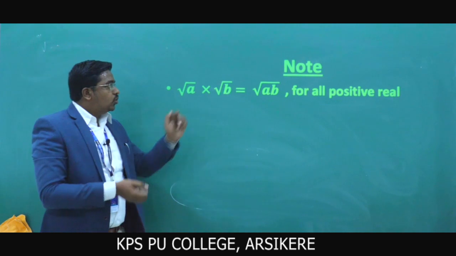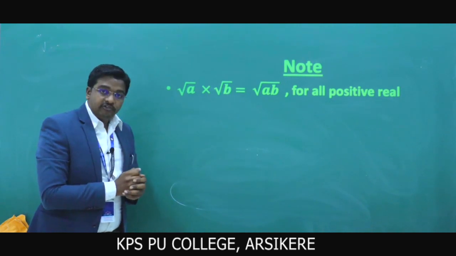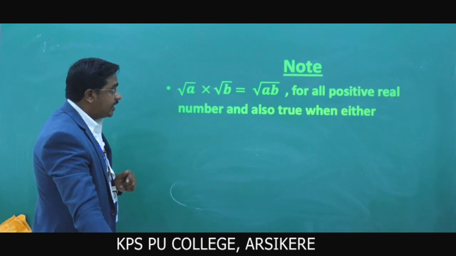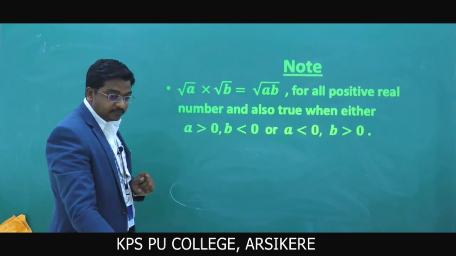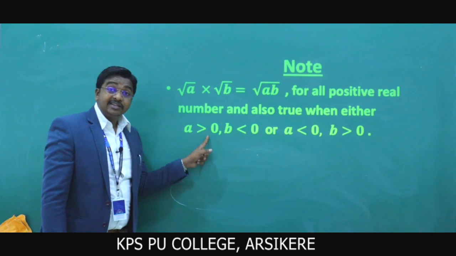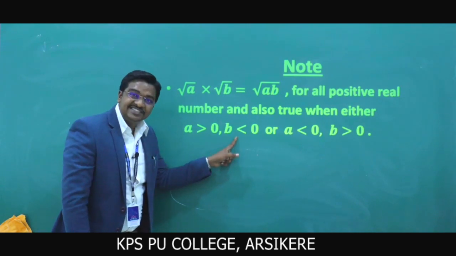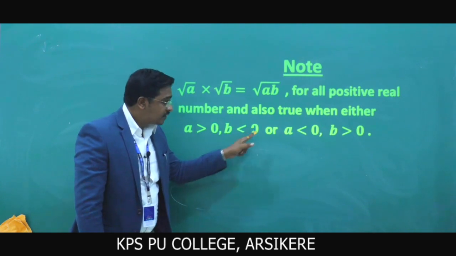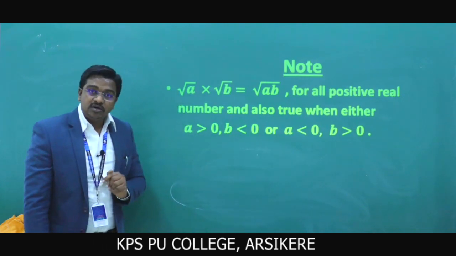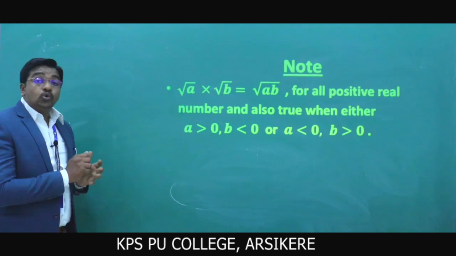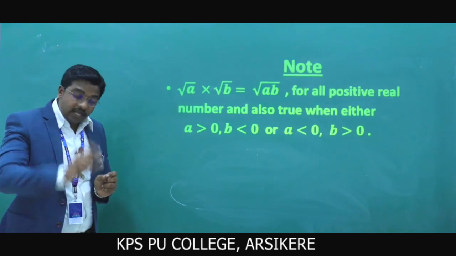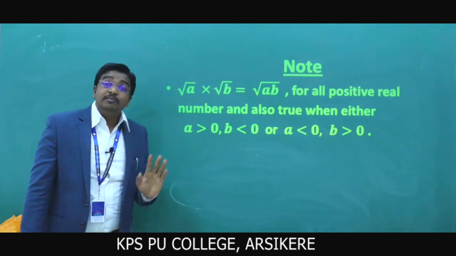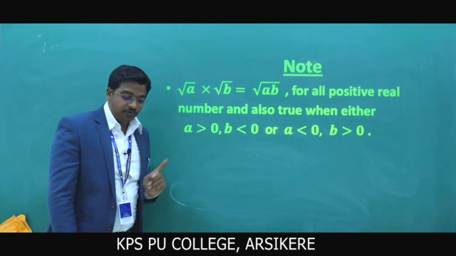Root of A into root of B is equal to root of AB for all positive real numbers and also true when either A greater than 0, B less than 0. It means A is positive, B is negative, and A is negative, B is positive. So root of A into root of B can be written as root of AB only if A and B are positive, or either any one of them is positive and another one is negative.